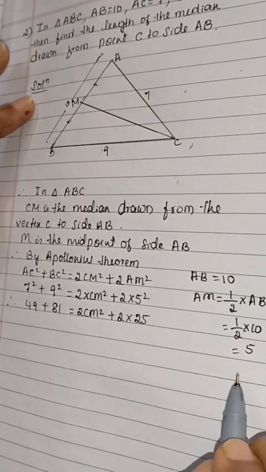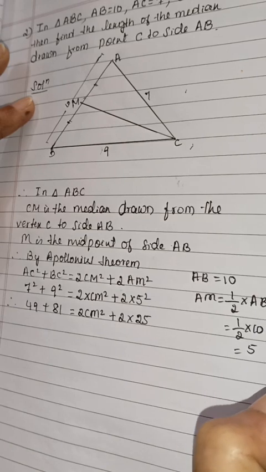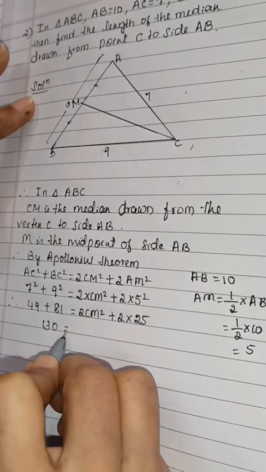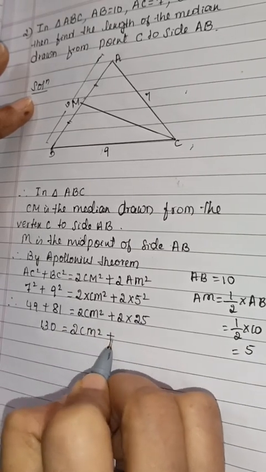This is 49 plus 81, 130, equal to 2 CM square plus 50.